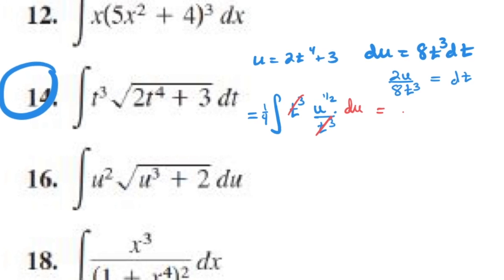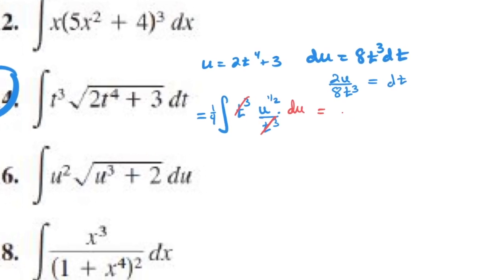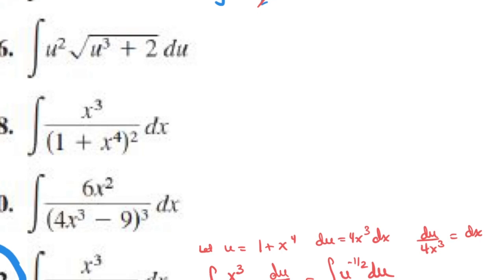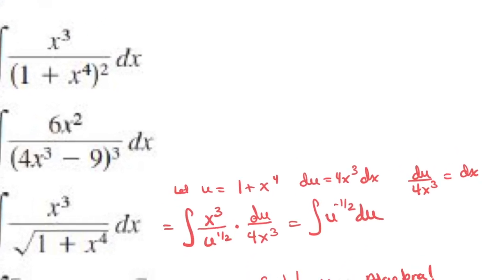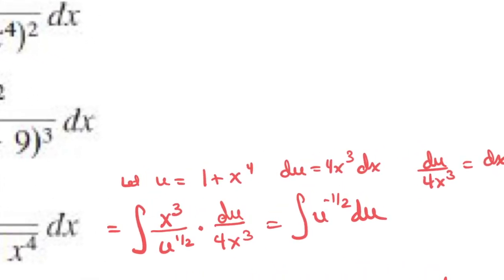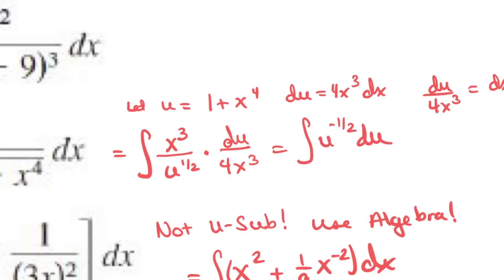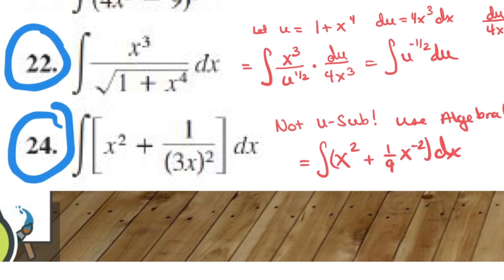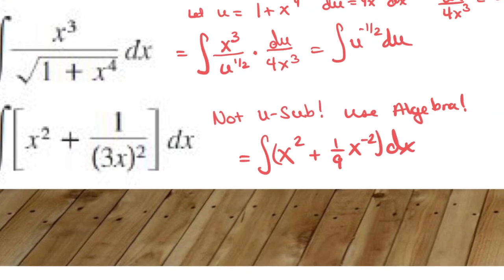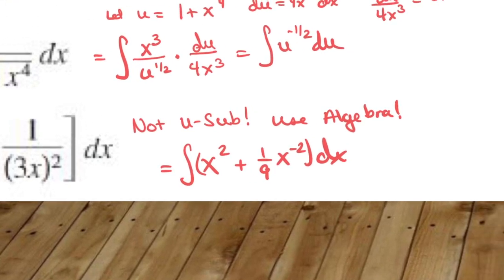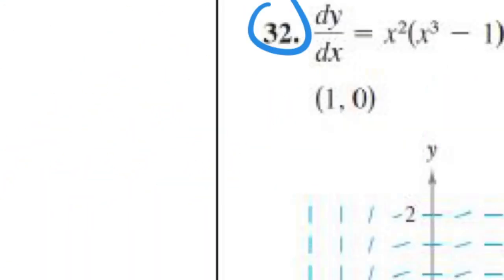For number 14, you should probably let u equal 2t to the fourth plus 3. Number 22, u equals 1 plus x to the fourth. All right, now number 24 was not a u substitution problem. You have to use algebra to rewrite the problem, then you can integrate.